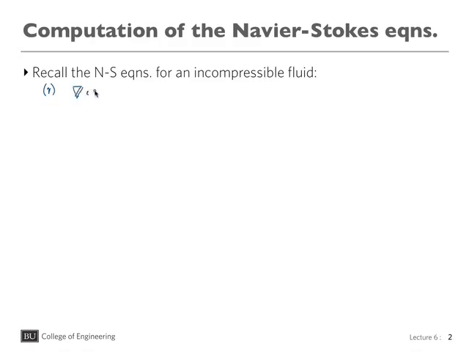We have the continuity equation for a constant density fluid, and we have the equation of conservation of momentum, which is du/dt plus, well, this is a vector equation, du/dt plus u dot the del operator u, equals minus 1 over rho gradient of pressure, plus the viscous term with the Laplacian of velocity.